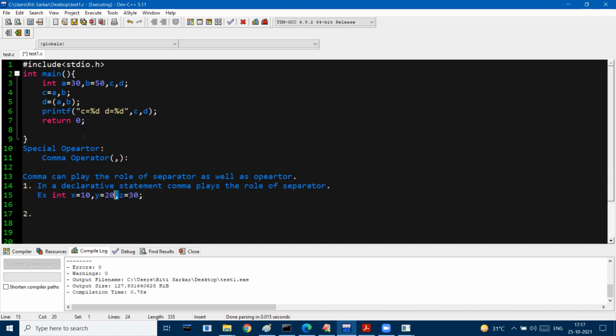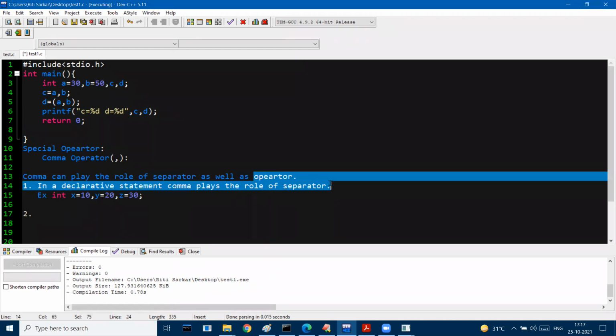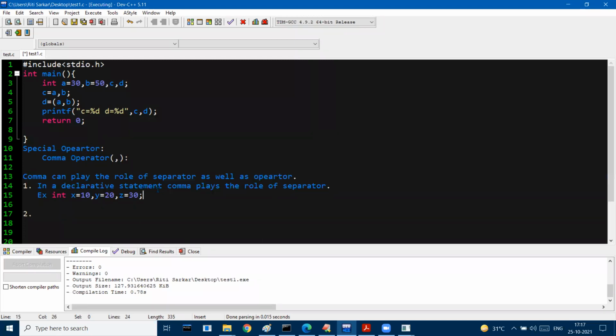Here the comma is visible. Do you think comma plays the role of operator here? No. Here comma plays the role of separator, not as an operator. It is a declarative statement where we are declaring the variable x and initializing it with 10. Even if you are just writing, without initialization, just declaring x, y, z, the comma is playing the role of separator, not as an operator.